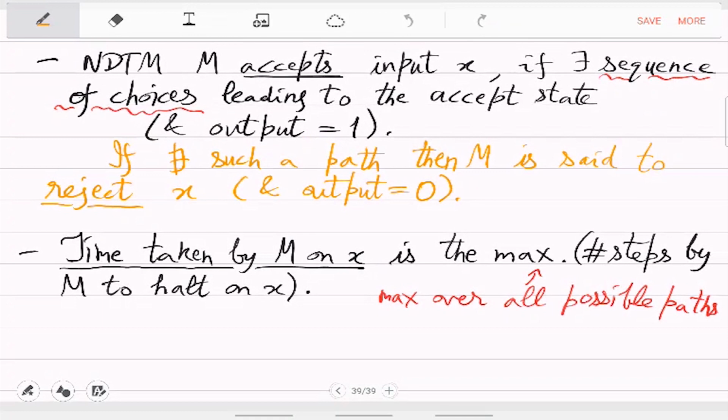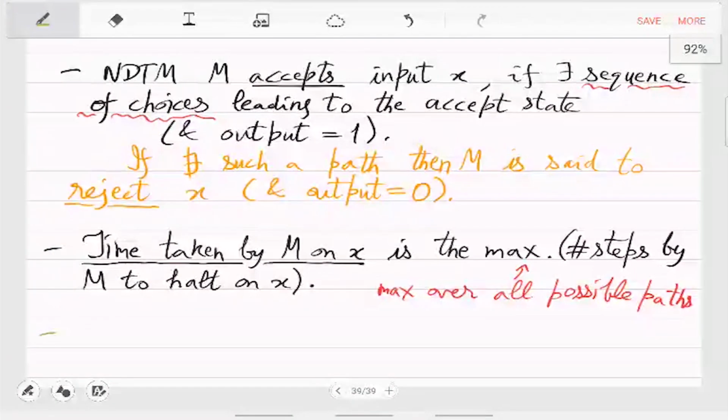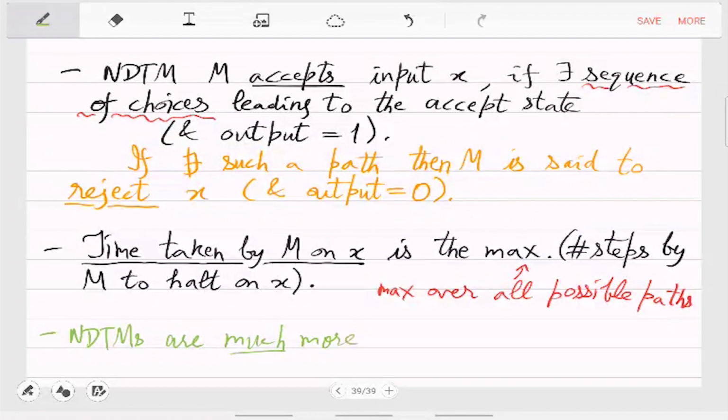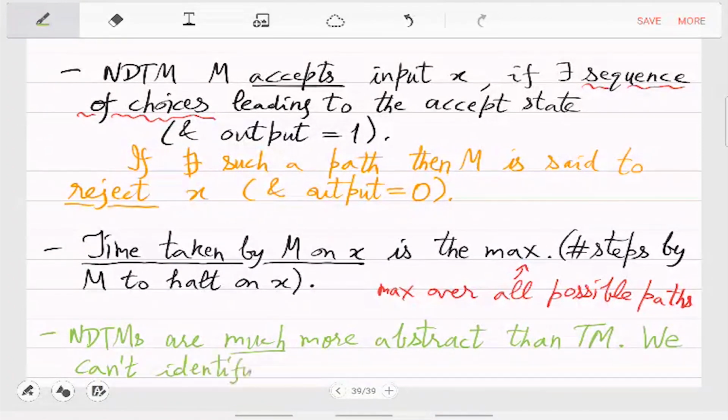So as I've already said, NDTMs are much more abstract than the Turing machines. So in particular, we cannot identify them with a physical device.